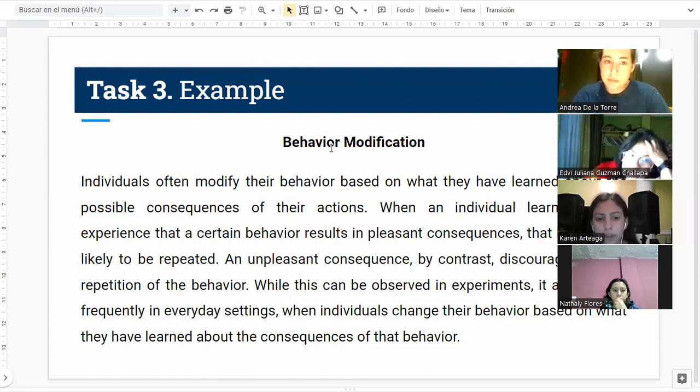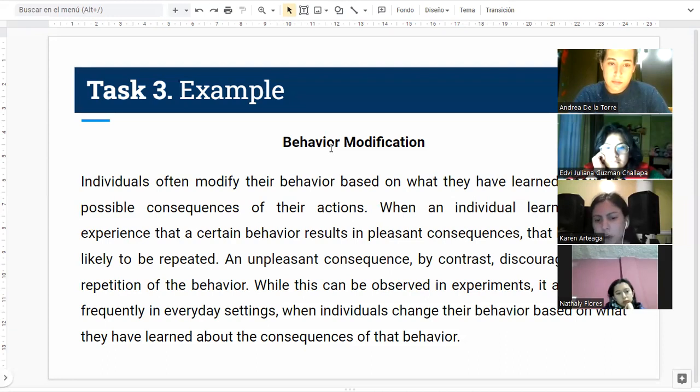Behavior modification. Individuals often modify their behavior based on what they have learned about the possible consequences of their actions. When an individual learns through experience that a certain behavior results in pleasant consequences, that behavior is likely to be repeated.